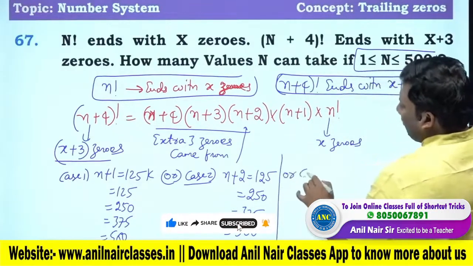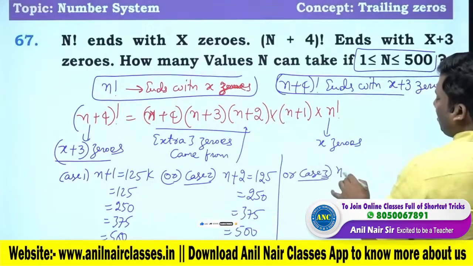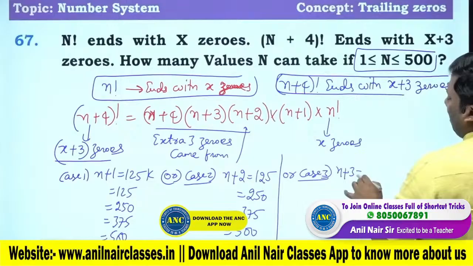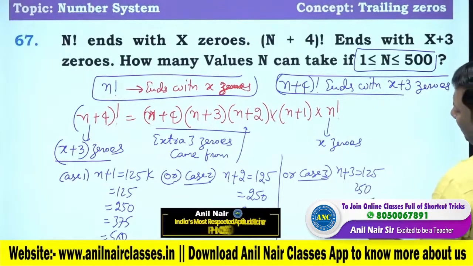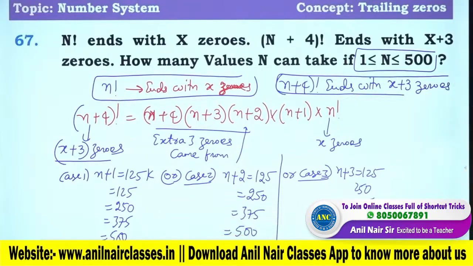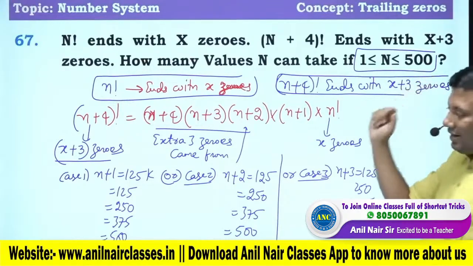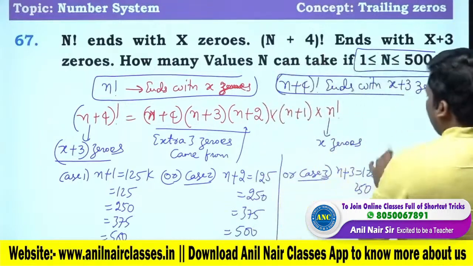Case 3: n plus 3 can be 125, 250, 375, 500. If it were n less than or equivalent to 800, I would not have taken this; k should not be a multiple of 4.